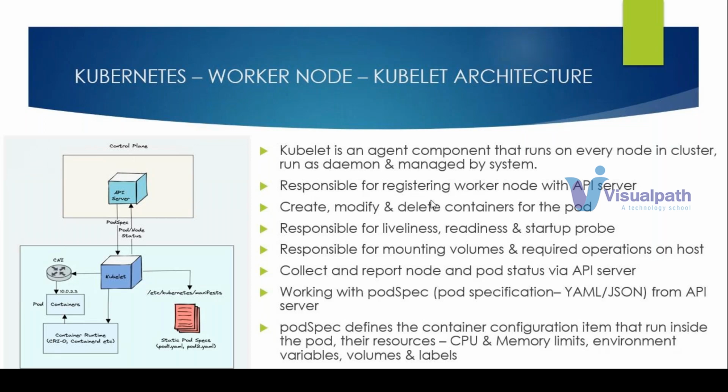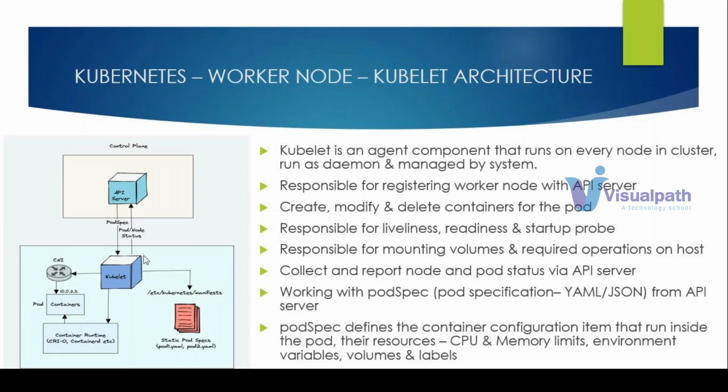Kubelet is an agent running on every node in the cluster, and it runs as a daemon service. It is responsible for registering the worker node with the API server, with the help of pod spec. It is also responsible for mounting volumes if any storage is required, and any operation related to containers is also done by kubelet only.